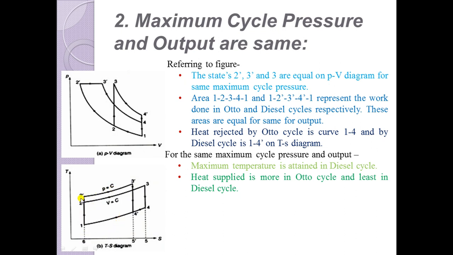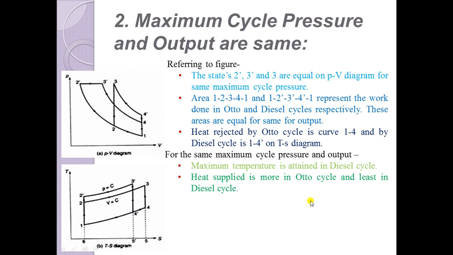And the area 6, 1, 2 dash, 3 dash, 4 dash and 5 dash represents the heat supplied during the diesel cycle. If you measure the area between 2 dash and 3 dash, and compare, more heat is supplied in the Otto cycle when compared to the least in the diesel cycle.